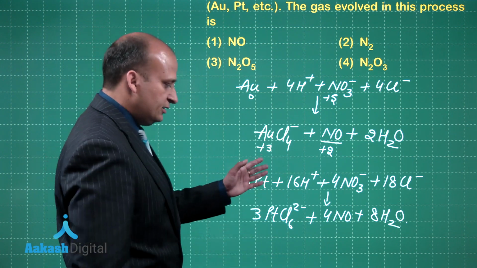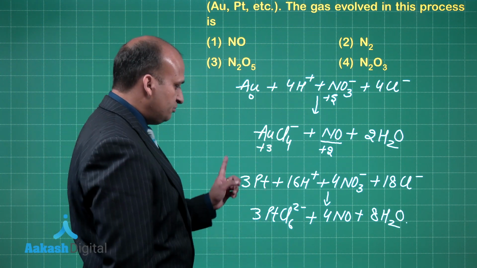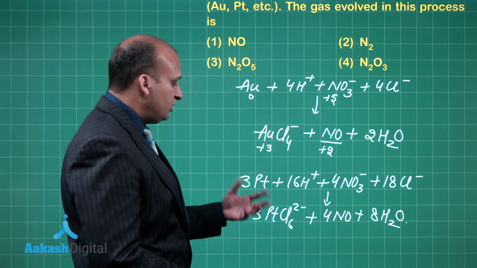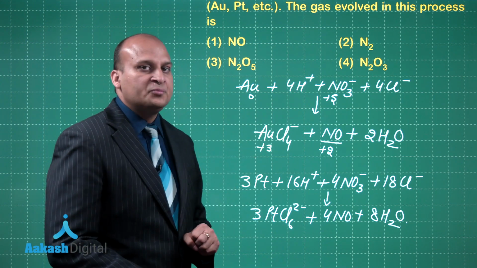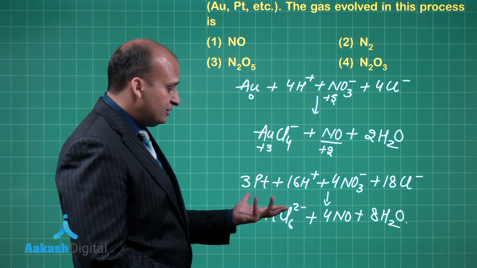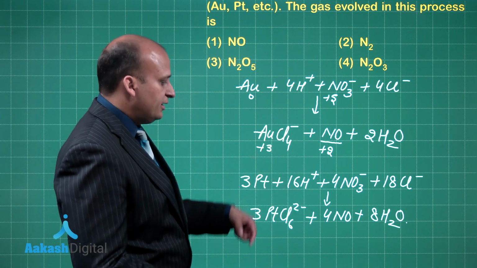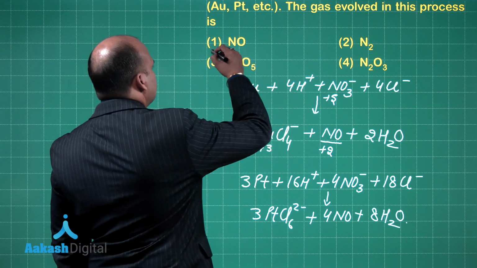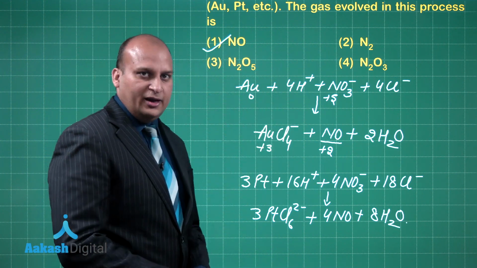And you can check that even in this case the reaction is balanced and is a redox reaction. So, this is how we are basically oxidizing the metal, the noble metals, fine, forming their salts, and at the same time the NO gas is being released. So, the correct answer is option number 1, NO, right.